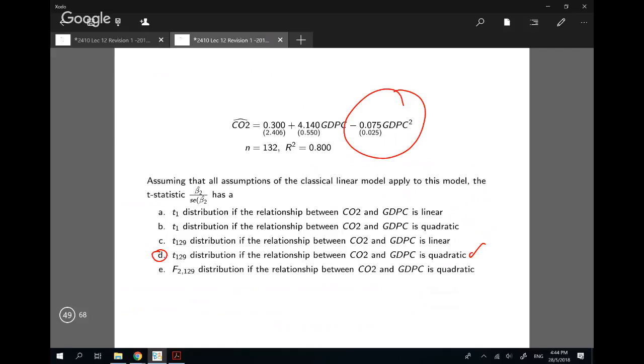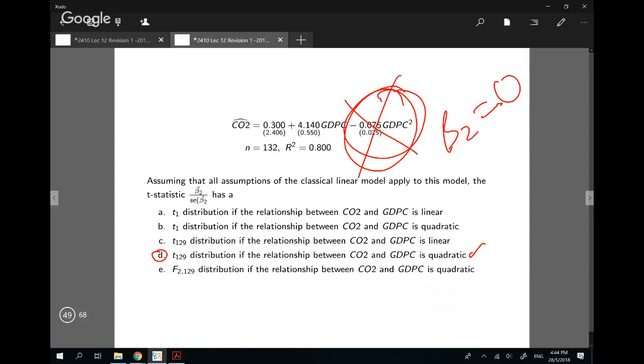The null hypothesis will be beta 2 equals 0. If beta 2 equals 0, then do we have quadratic or linear? Linear, right? So we won't have the quadratic term. So 129 is correct, since 132 minus 3 is 129. So between these two, quadratic or linear? It should be linear under the null hypothesis.